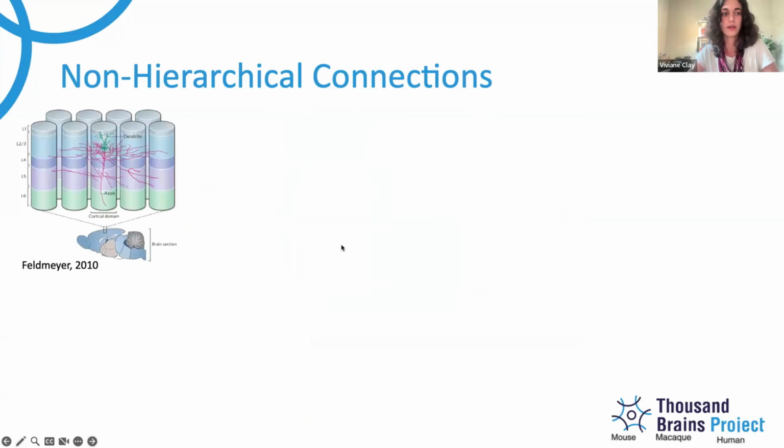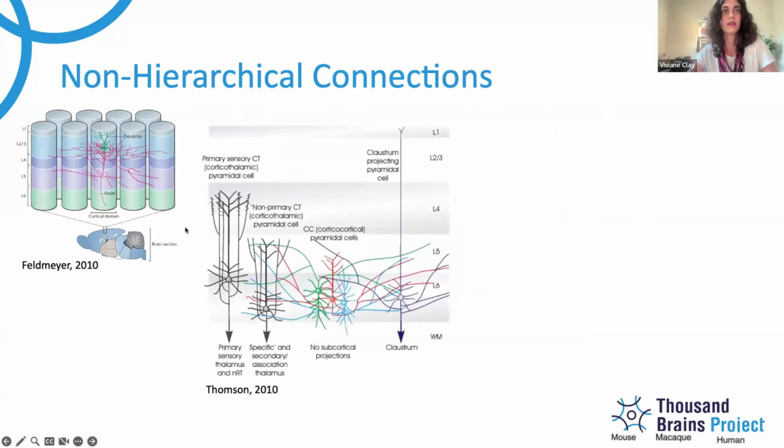And just again to show a couple of visualizations, here's the local spread across columns within a region in layer 2, 3, and layer 5. Here you can see an example of the layer 6 cortico-cortical cells. So here we have pyramidal cells in layer 6 that connect to other cells, mostly in layer 6, but in different columns.